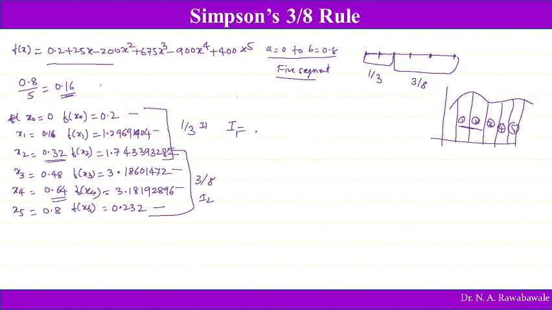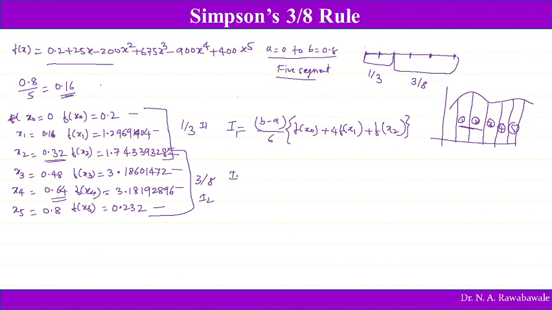Integral 1, by Simpson's 1/3 rule, can be given by b minus a divided by 6, times f of x naught plus 4 times f of x1 plus f of x2. So this is for the first 3 points.